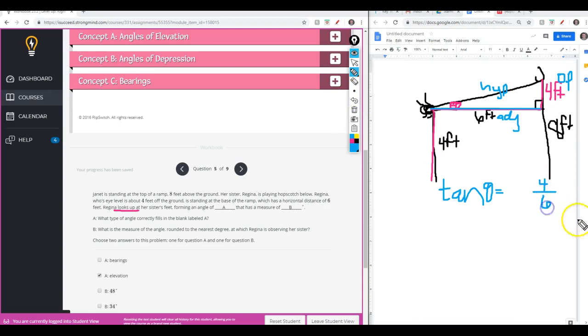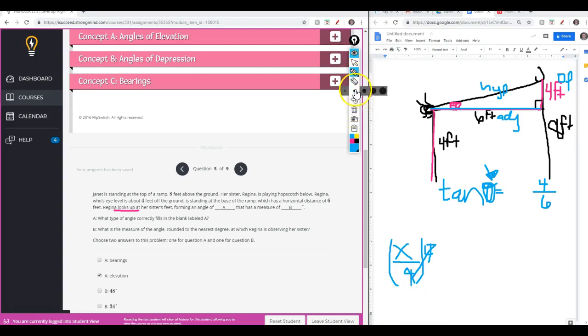I did leave a blank there just so I can write. So now we want to solve for theta. And it has this tangent being applied to our angle. And so we are going to do the same thing we do if we were solving x divided by 4. The opposite of division is the inverse operation, which is multiplication. So that's why we multiply by 4, because it reduces it down to a 1.